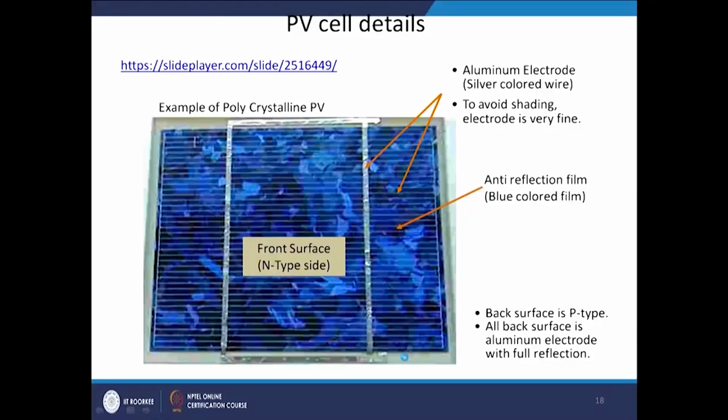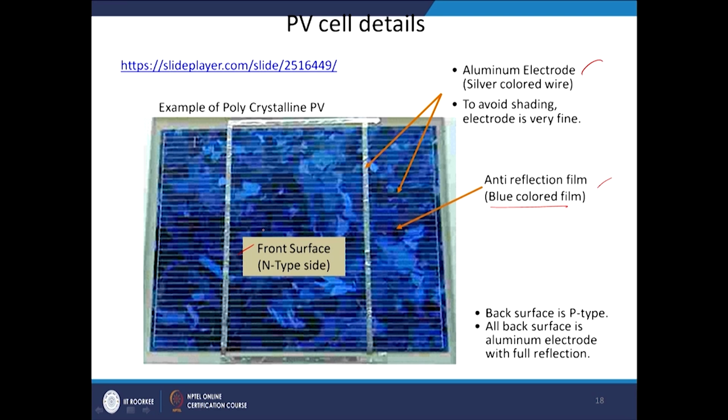Now, this is a photograph of a PV cell. These are aluminum electrodes and this blue colored film is the anti reflection film, and the black surface is the front surface, n type side.